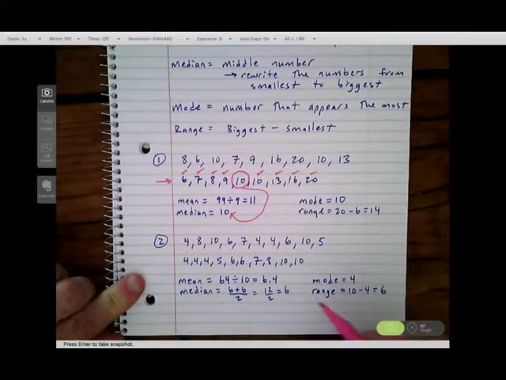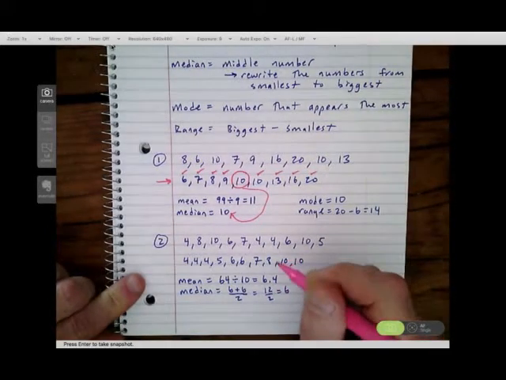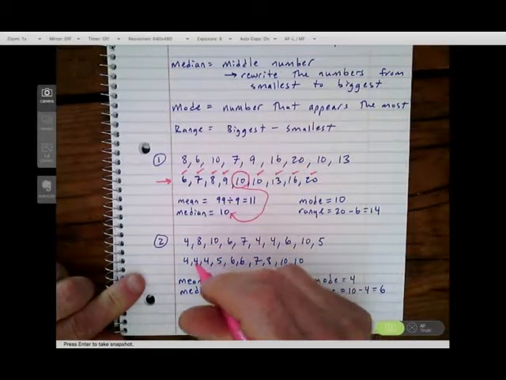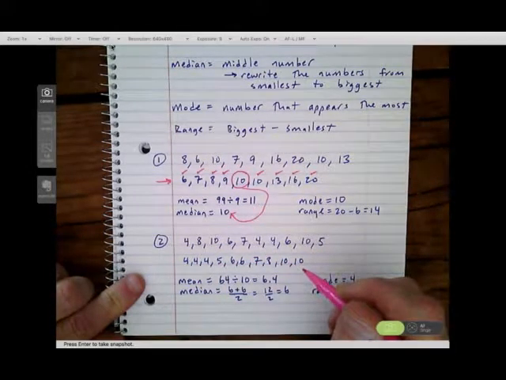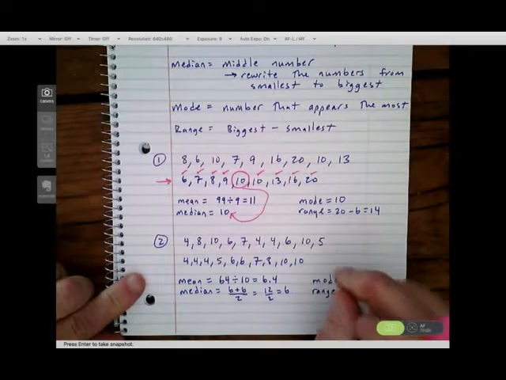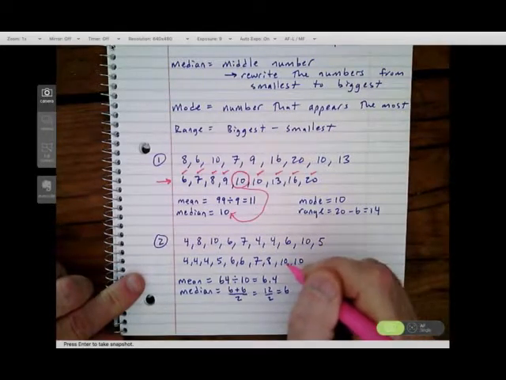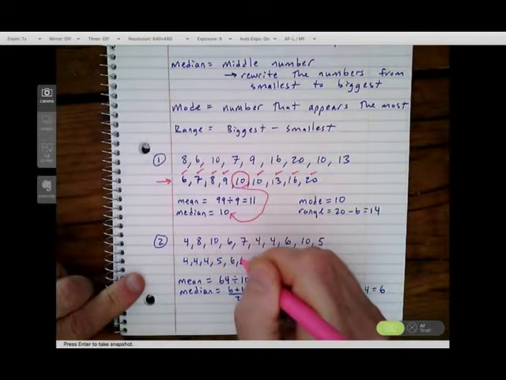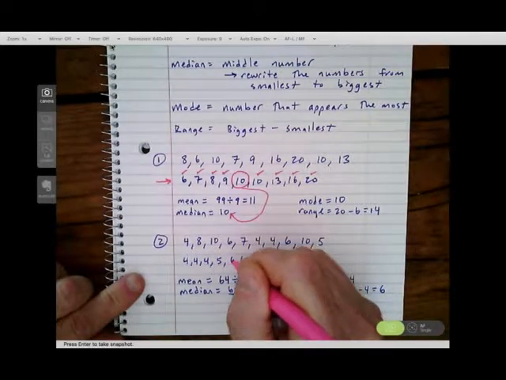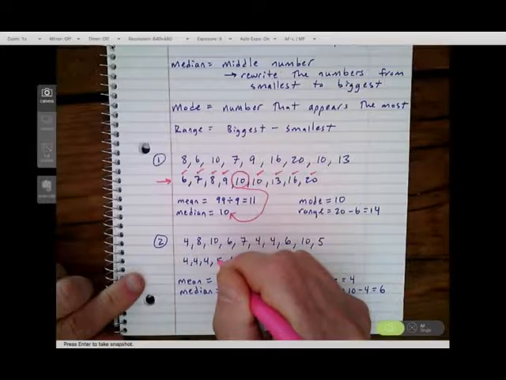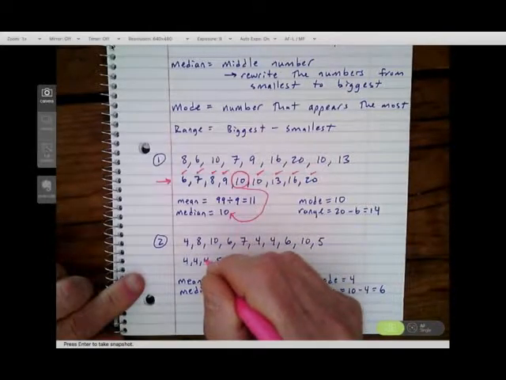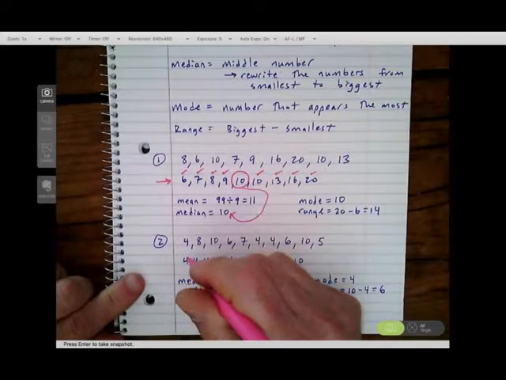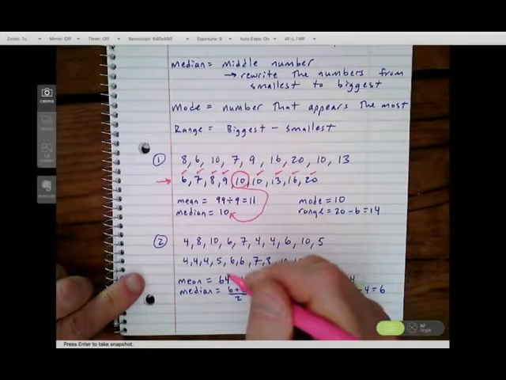Now there are 10 numbers, so let's add them all up. 10 plus 10 is 20, plus 8 is 28, plus 7 is 35, plus 6 is 41, another 6 makes 47, plus 5 makes 52, 4 more is 56, 4 more is 60, and 4 more makes 64.